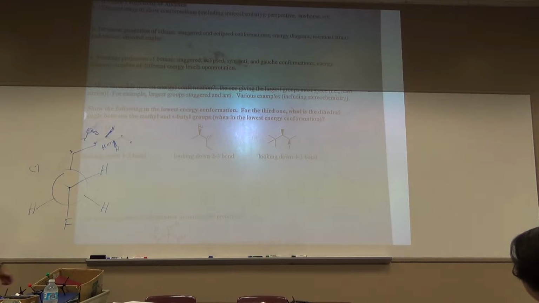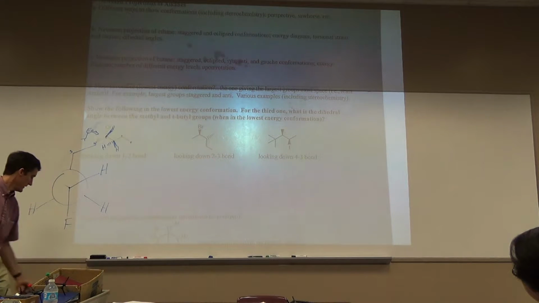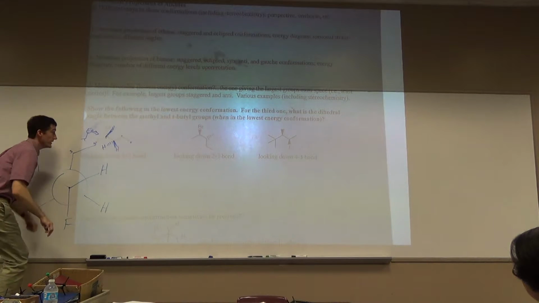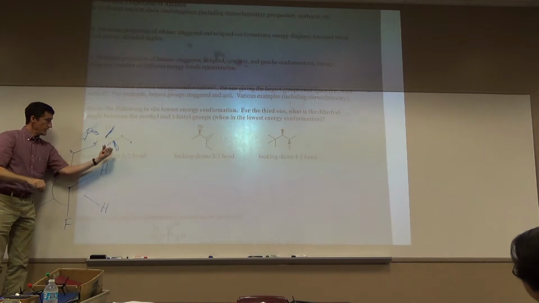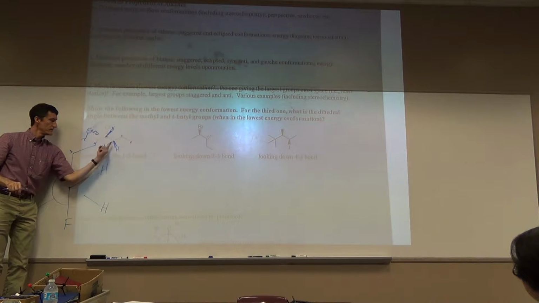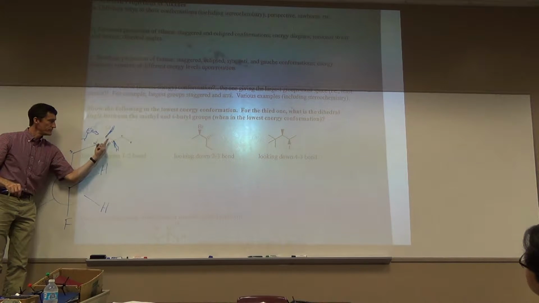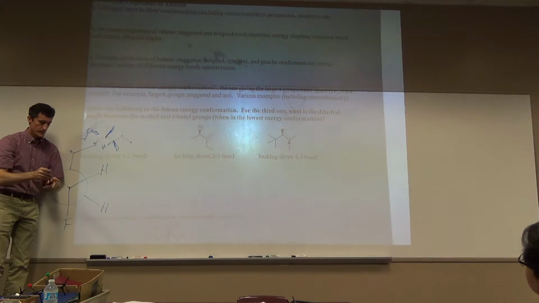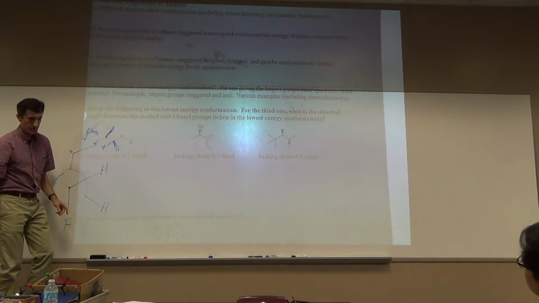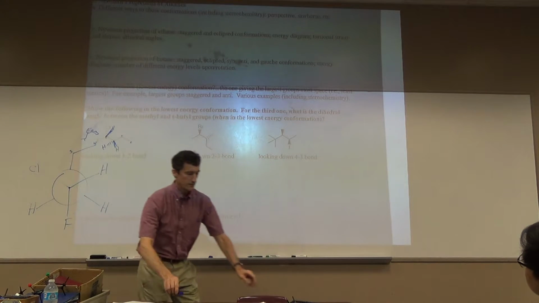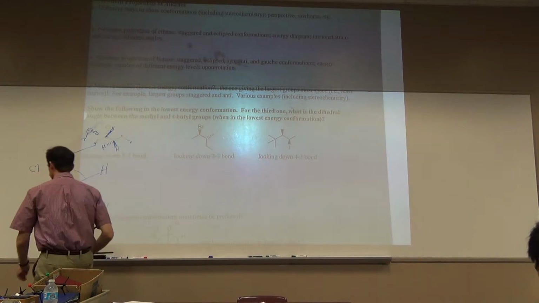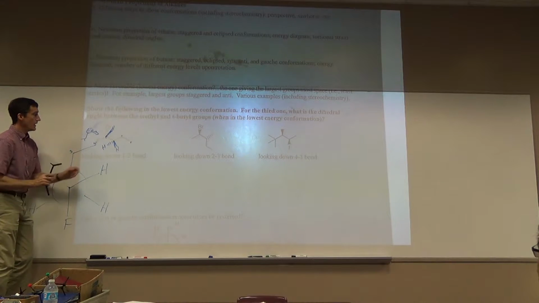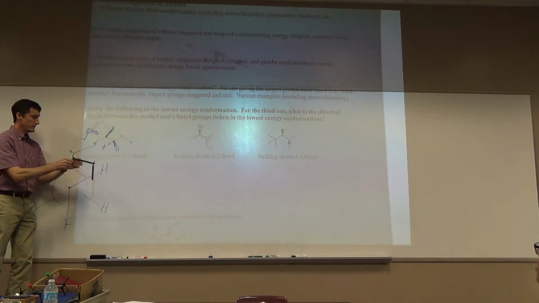Here we go. Make sure you believe my view. Here I am looking down, and I see that carbon over there, carbon 2. Here, let me do a model so I don't have so many fingers. Okay, forget about carbon 1.